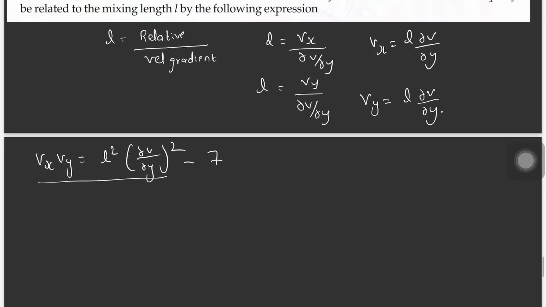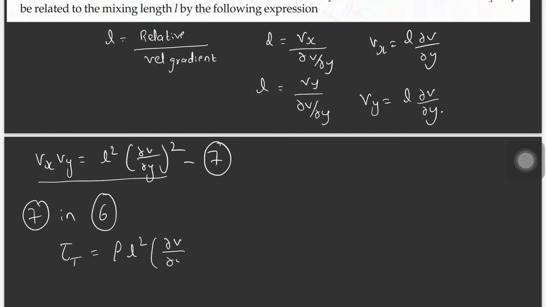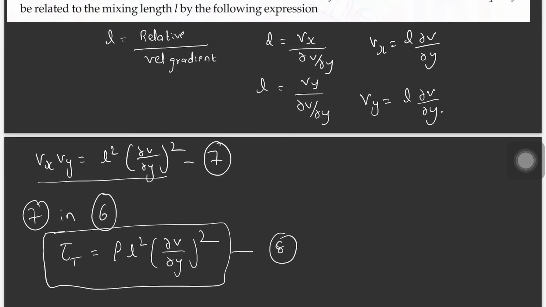We substitute 7 in 6. What will happen? We get tau turbulent is equal to rho L square into dou V by dou Y whole square. This is equation number 8. This is the formula for turbulent shear stress.